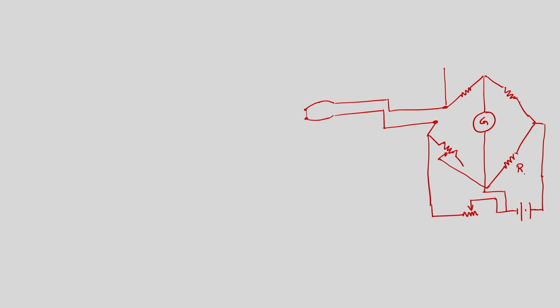And say this is R2, this is R3, this is RS, this is R1 and this is R4. Now, this is the hot wire, and this is the flow velocity U, and this is the insulated probe. So, there should not be any heat loss, insulated probe.